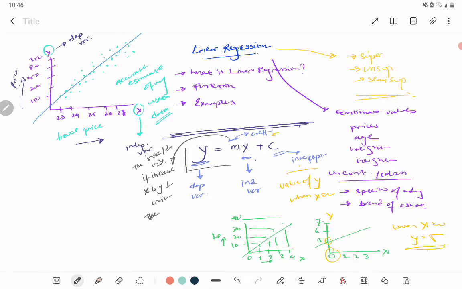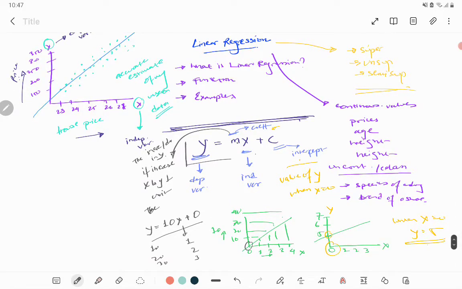So my m is going to be 10. Let me put this in a formula: y equals 10x plus 0, because my intercept is 0. So when my x is 1, my y is going to be 10. When my x is 2, y is going to be 20, 3, 30. Exactly how we saw in the graph.